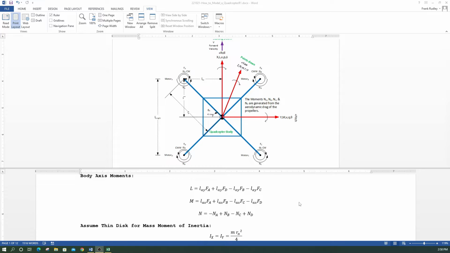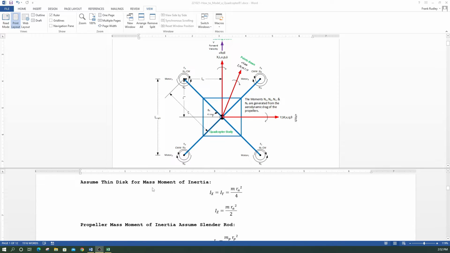The next thing is the mass moment of inertia that we need for our model of the quadcopter. So we're assuming a thin disk for mass moment of inertia. So basically it's a symmetrical thing here. So Ix and Iy, the moment of inertia around X and Y, are the same.